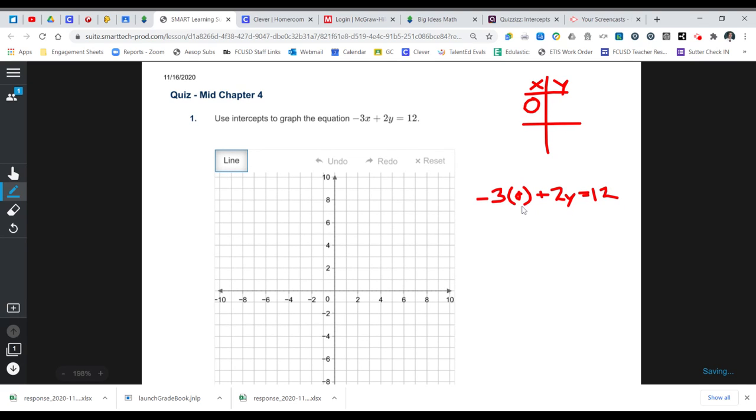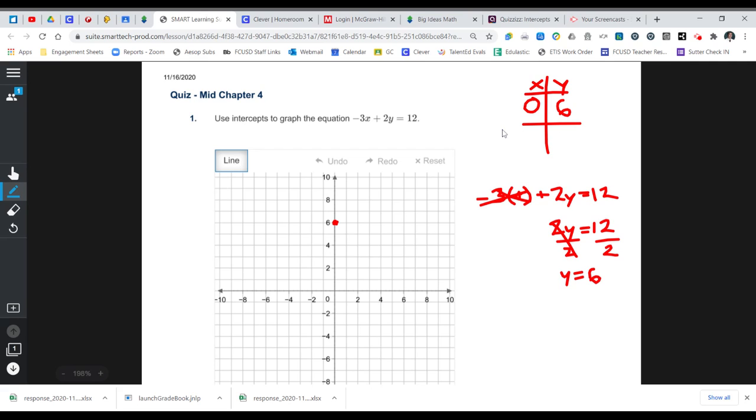And once I have that, I can multiply. -3 times 0, well, that's just 0. So all that's left is 2y equals 12. And from there, I would divide by 2 on both sides. And I get the y-intercept is at positive 6. So when x is 0, y is 6. That's my coordinate pair. And the y-intercept is right here on the graph.